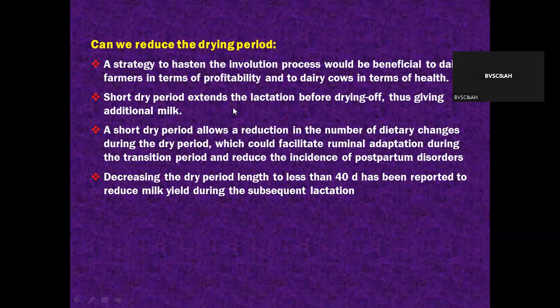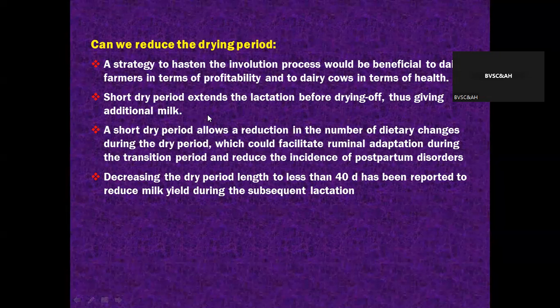Is there any strategy to hasten the involution process that would be beneficial to the farmers in terms of profitability and to dry cows in terms of health? A short dry period extends the lactation before drying off, thus giving additional milk. If you have strategies to reduce the dry period below 8 weeks, then you can increase the milk yield per animal, but it should never be less than 14 days.